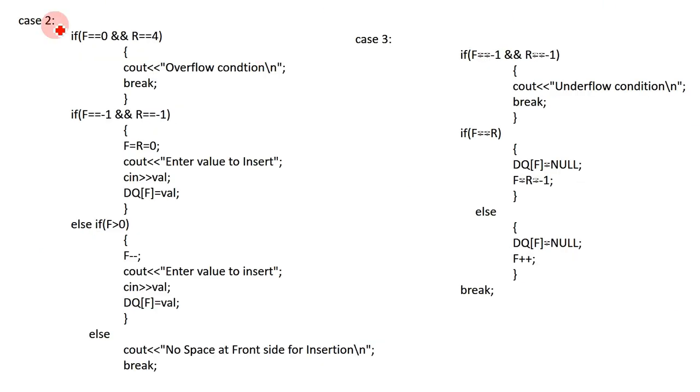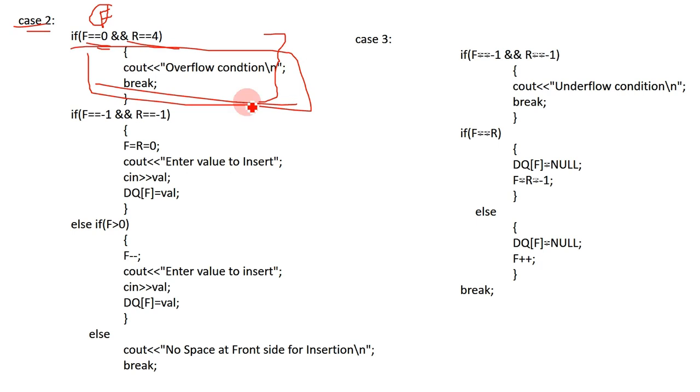So case 2 means that you want to do insertion from the front side. If front is equal to 0 and rear is equal to 0, it means overflow condition. There is no space at the front side. If this condition is not satisfied, then the control goes to this statement.